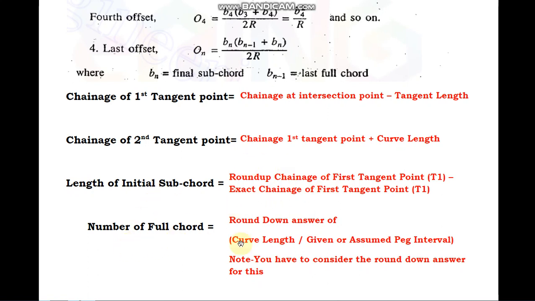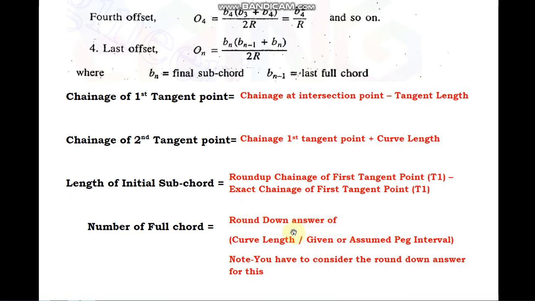Next formula is number of full chords. Lots of students face the question, how many full chords should we assume? The answer is, don't make it complicated. Just take the curve length and divide it by the given peg interval, or the peg interval you have assumed. In most numericals they mention the peg interval. So the formula is curve length divided by peg interval, and you have to round down this answer.